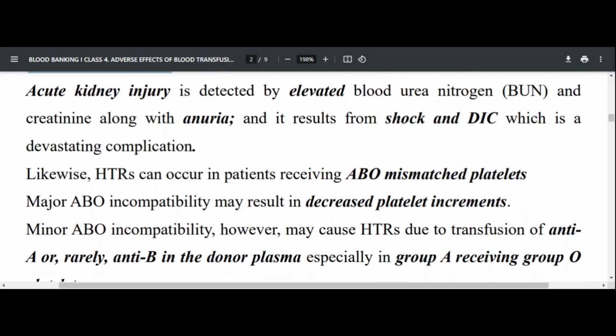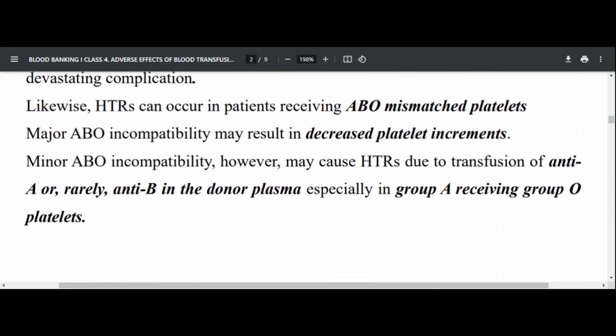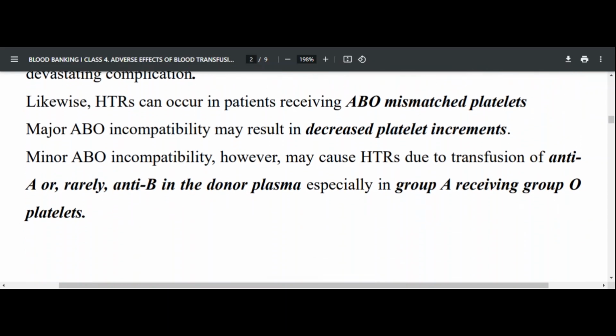Apart from that, hemolytic transfusion reaction can occur in patients receiving ABO mismatched platelets, where major ABO incompatibility may result in decreased platelet increments. Minor ABO incompatibility may cause hemolytic reaction due to the transfusion of anti-A or rarely anti-B in donor plasma, especially in group A patients receiving group O platelets.